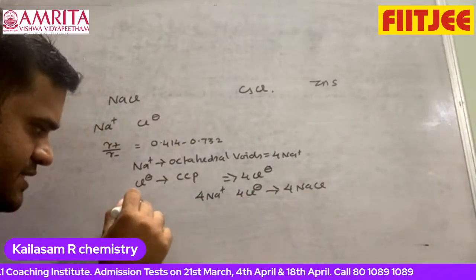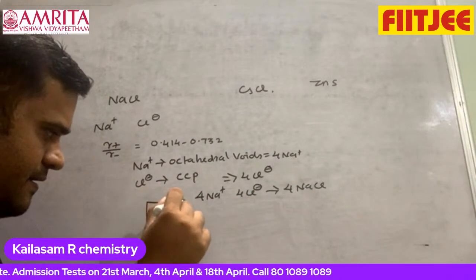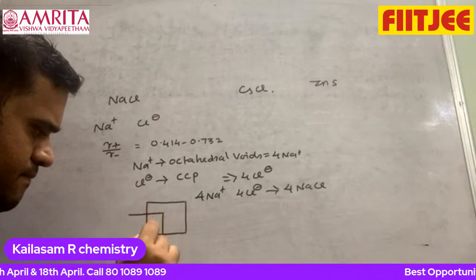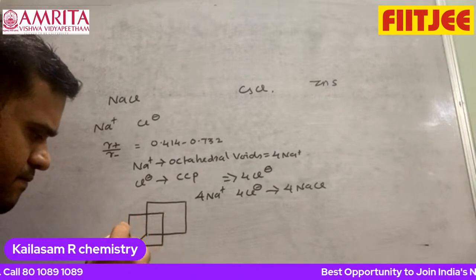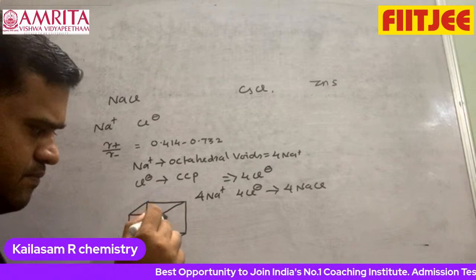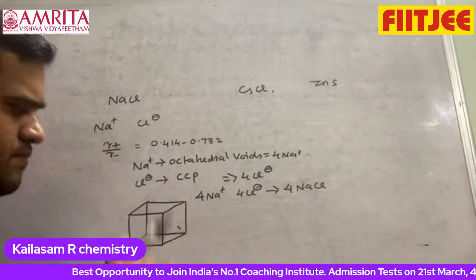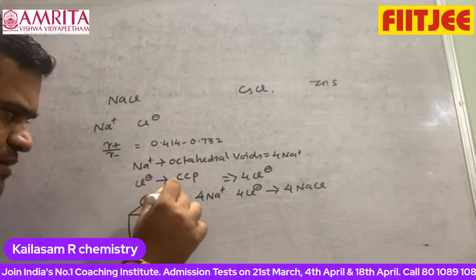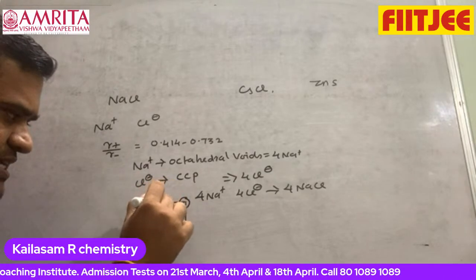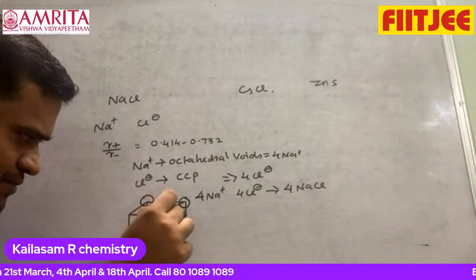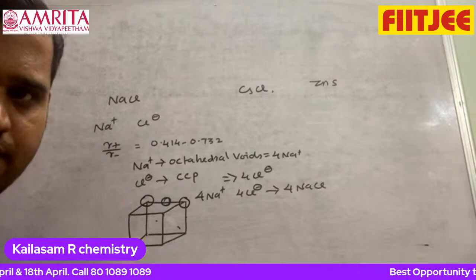That means look at this. Here Cl minus is going to occupy, here Cl minus, and here Na plus, because generally octahedral voids are present at the center and at the edges.